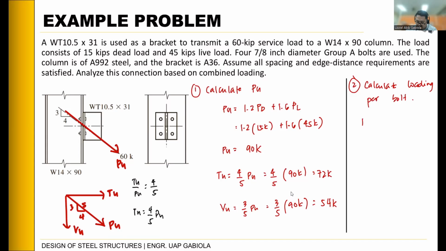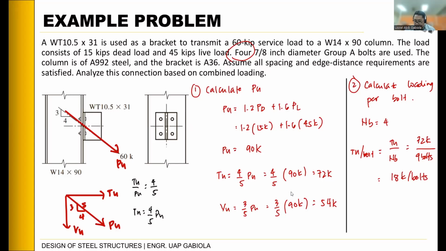The number of bolts is 4. So, to get TU per bolt, that is TU over NB, or 72 kips over 4 bolts. So, our value is 72/4, that is 18 kips per bolt.